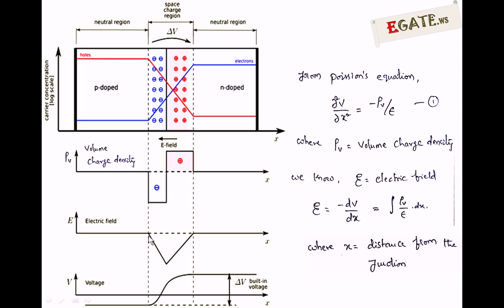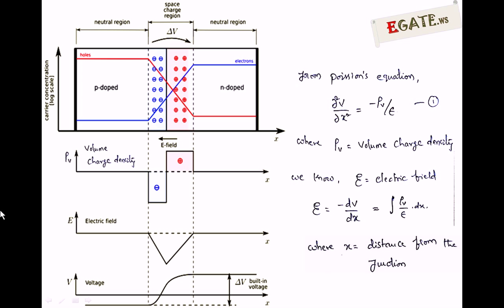The electric field will always be maximum at the junction, whether it is open circuit, forward bias, or reverse bias, because the electric field depends only on charge density. The same charge you are going to get on the P side as well as the N side.